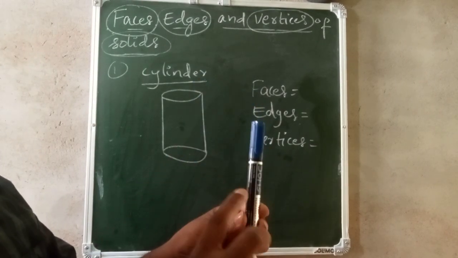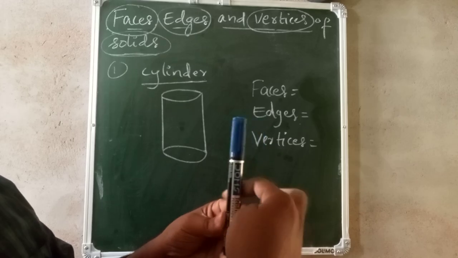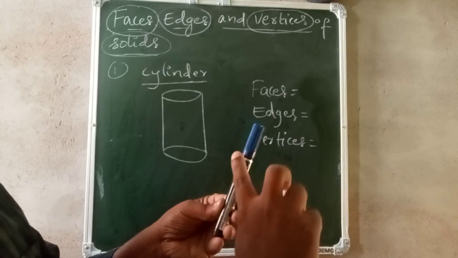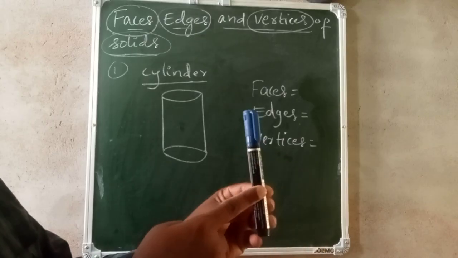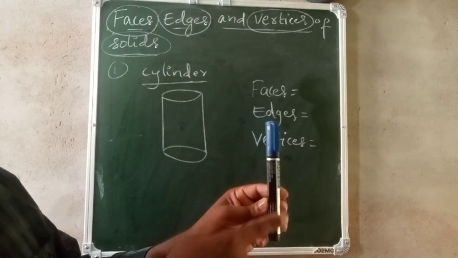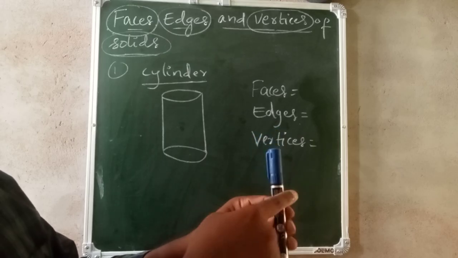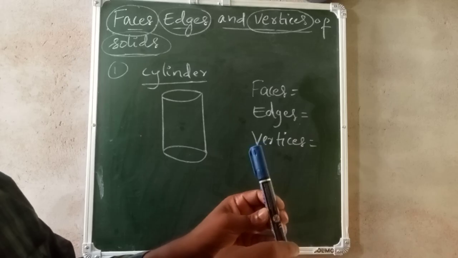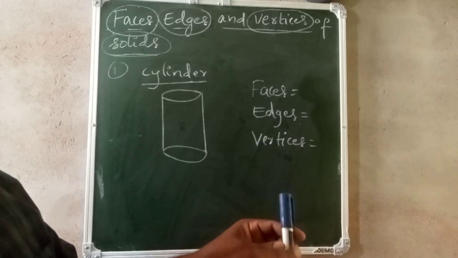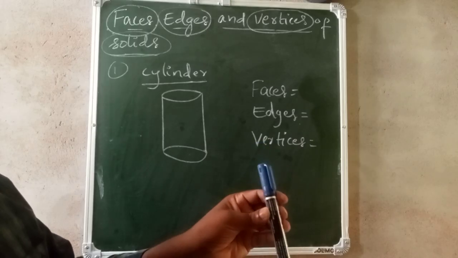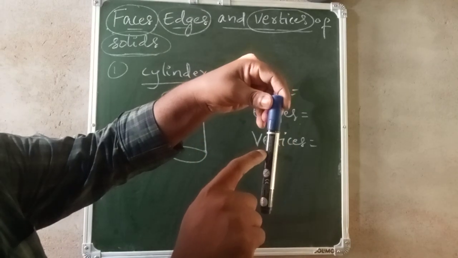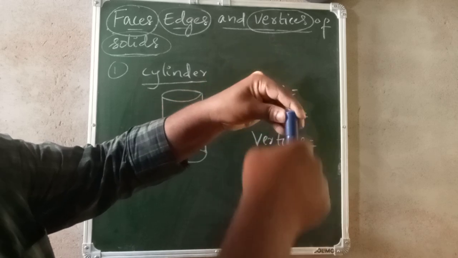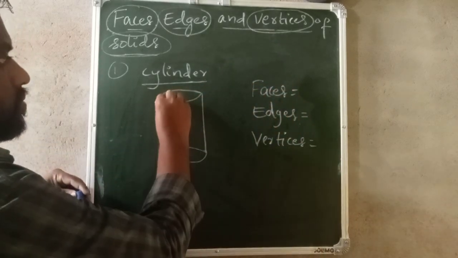See, starting from here, if you go like this and come around, this entire thing is one face, the surrounding. You see this one, this is one face, the entire thing.